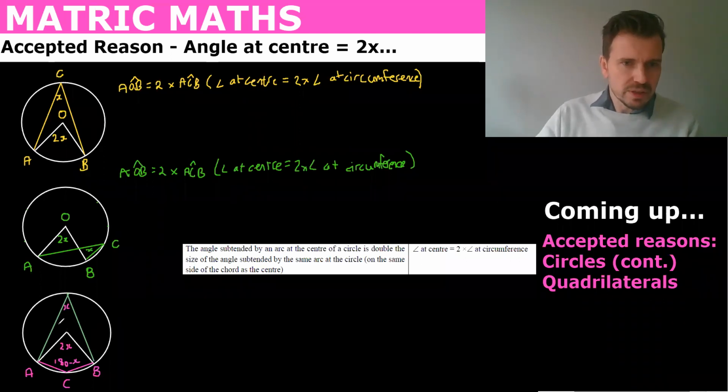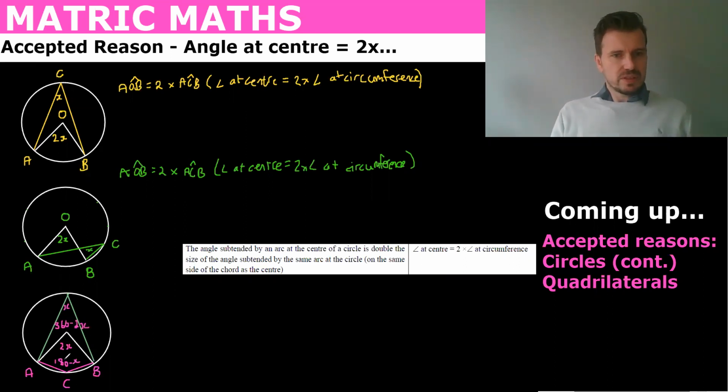This is going to be 360 minus 2x. And so do you see that this is 360 minus 2x, and this is 180 minus 2x. And so this ACB is half of the larger angle, which we call the reflex angle, because it's bigger than 180.